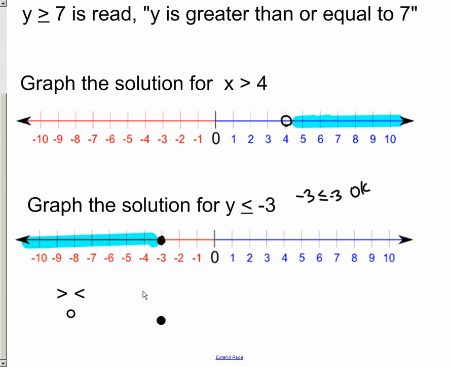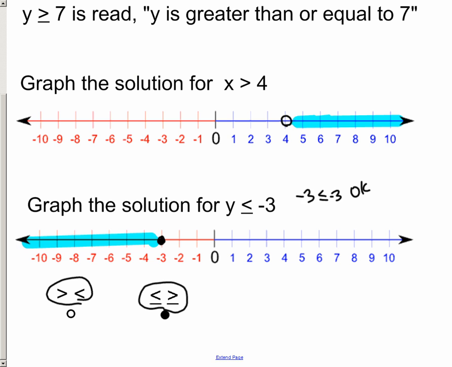But when we're talking about greater than or equal to, less than or equal to, whatever inequality signs have the equal to part, you draw the dot and then you go ahead and shade that in also. So it's like an extra part. Anytime you see an open dot, you know it's talking about less than or greater than. Anytime you see that dot shaded in, it's going to be considered less than or equal to or greater than or equal to. And that's just a code that you have to get used to.